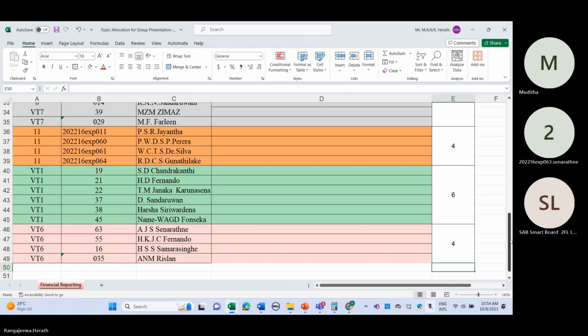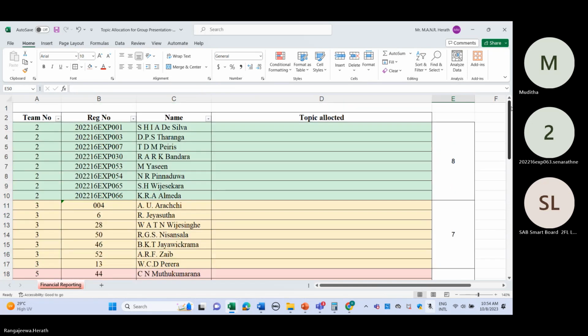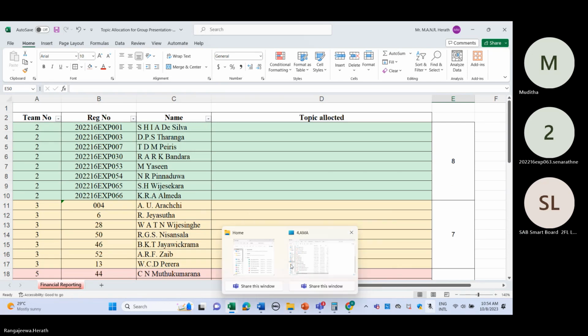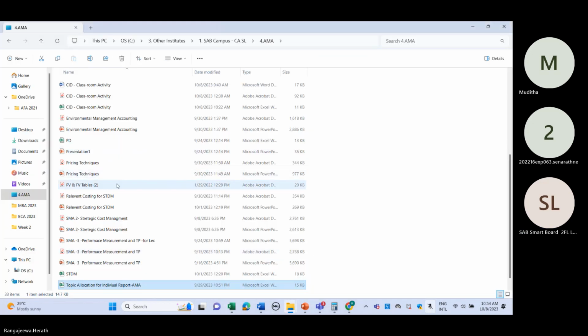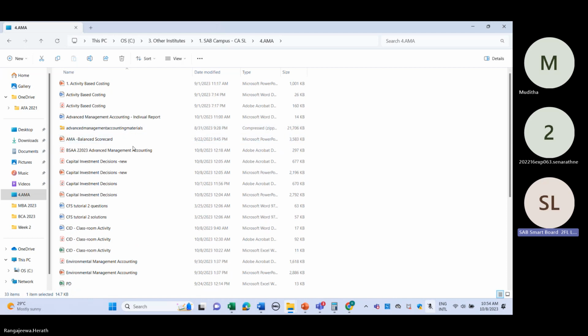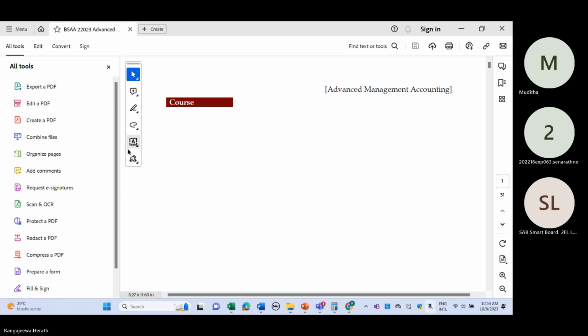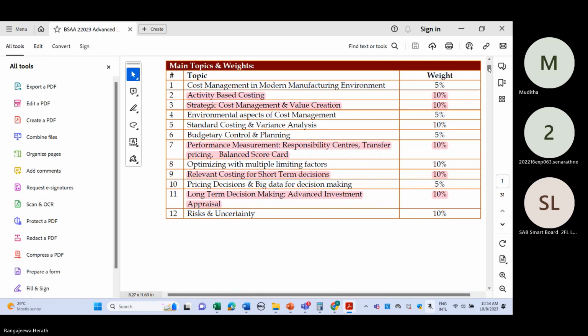Right. So accordingly, I will allocate topics for the report. I'll be taking some of the topics, right? Outline.